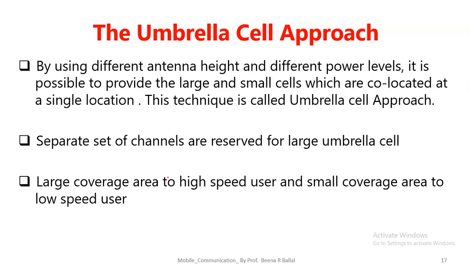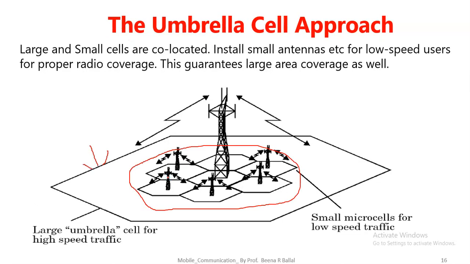Okay, so there is a separate set of channels which are reserved for the large umbrella cell, and there is a separate set of channels which are reserved for smaller cells, for low speed users. So if I'm a low speed user, if I'm walking, I will be using these smaller cells which are co-located.